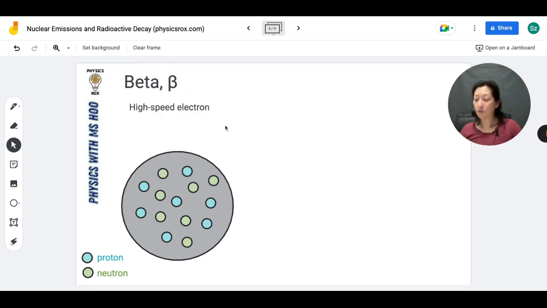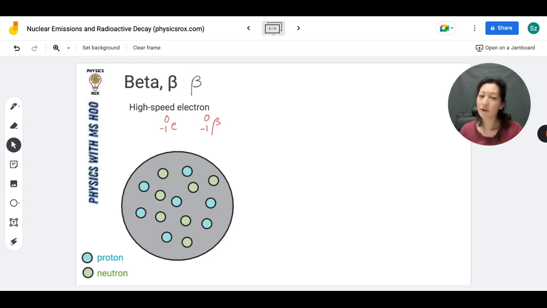In terms of the nuclide notation, it's written as 0 minus 1 e, or you can write it as 0 minus 1 beta. Now the symbol for beta, I look at it like a butterfly. So the alpha is a fish, beta is a butterfly. So you write it this way. It's like a bee with an extended tail.